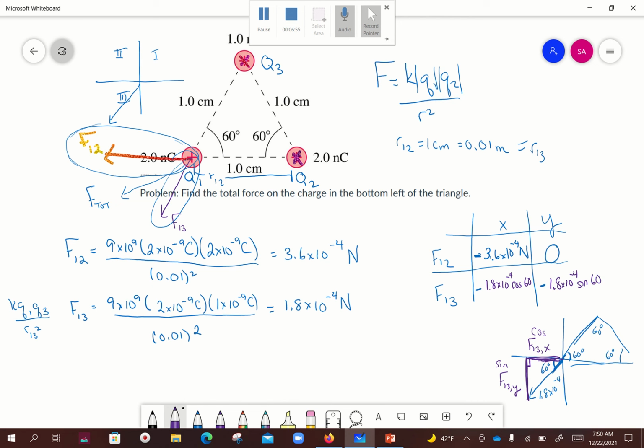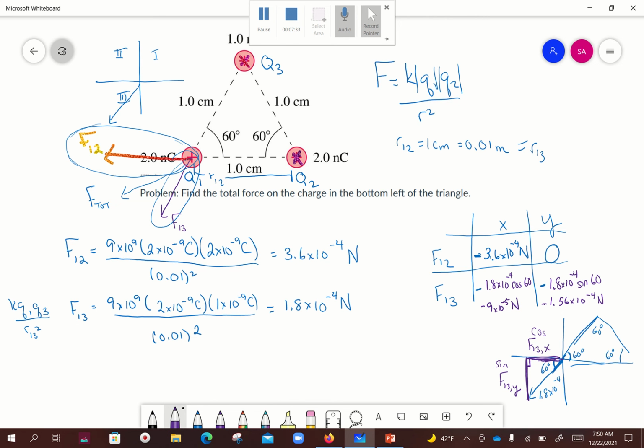And if I put that in my calculator, and I need to make sure that I do that in the correct units, I get for my y component 1.56 times 10 to the minus 4 newtons, and that's negative. And if I do it for my x component, I get minus 9 times 10 to the minus 5 newtons.